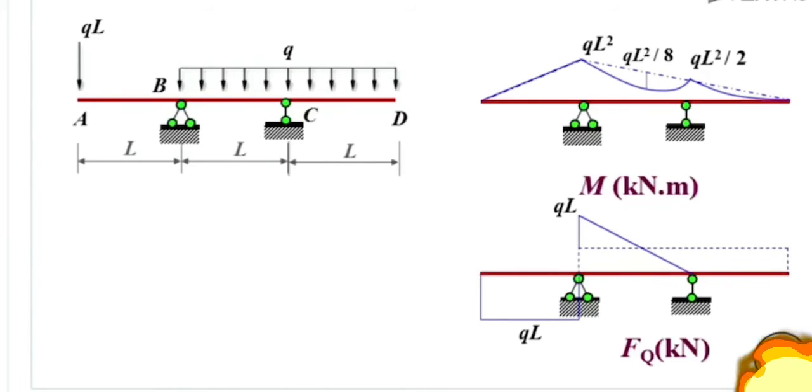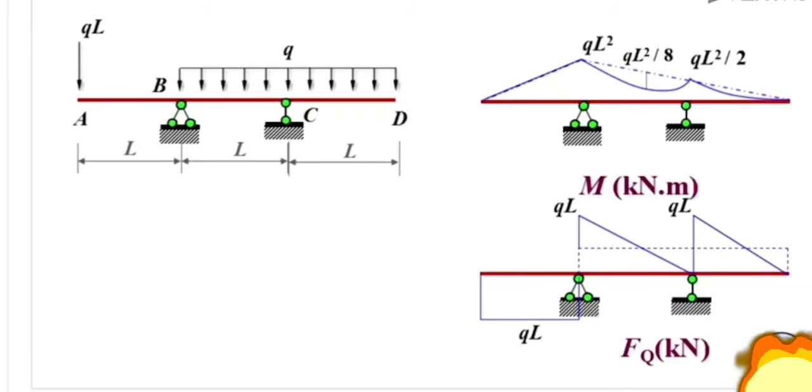For the CD part, we could also take this dashed line as a baseline and superimpose a diagonal line, because it's under the action of uniformly distributed load. The Q is a constant, so its shear force diagram must be a diagonal line. We could obtain the same value.